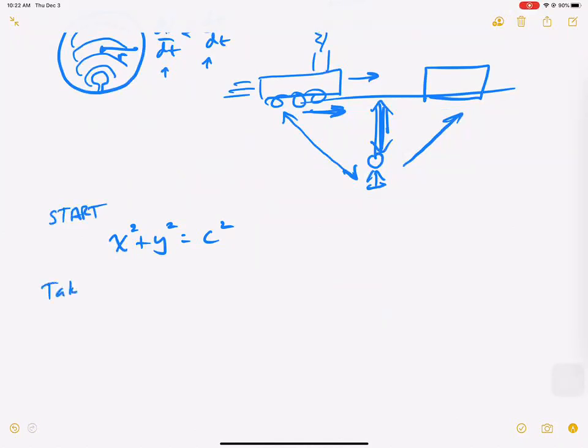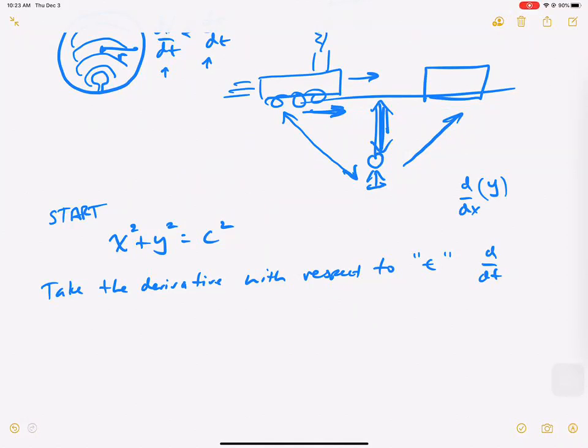Take the derivative with respect to t. Before, we would take the derivative d over dx, but now we're not going to take d over dx, we're going to do d over dt.